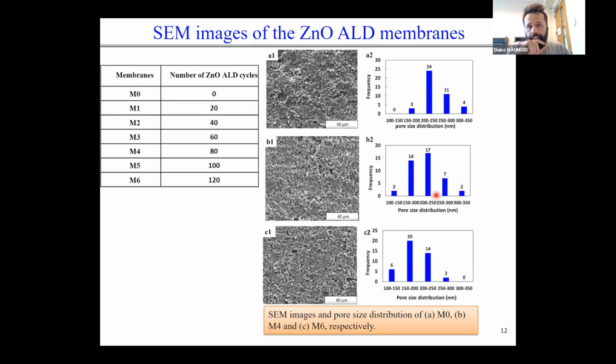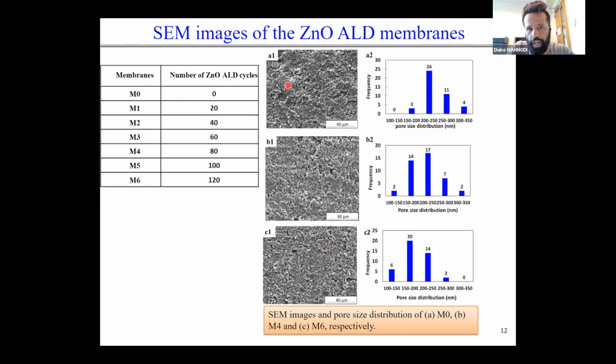Here's the characterization of zinc oxide ALD membranes. Here I showed just M0, M4, and M6. As you can see, by increasing the thickness of the zinc oxide, the pore size of the membrane decreases.